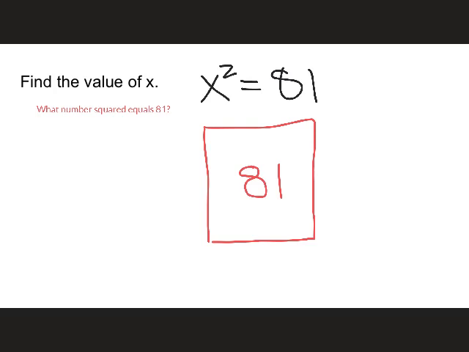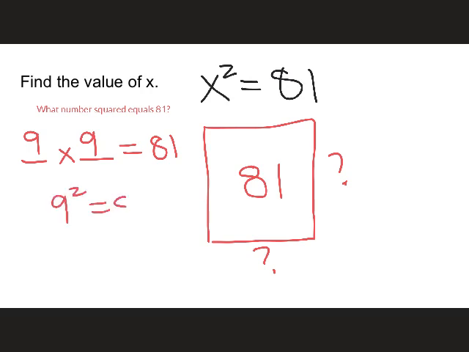So if it's a square and it has an area of 81, the question is, what must the side lengths be? Or what number times itself would give you 81? Well, we know that 9 times 9 gives us 81. Therefore, 9 squared equals 81, which means x must equal 9.